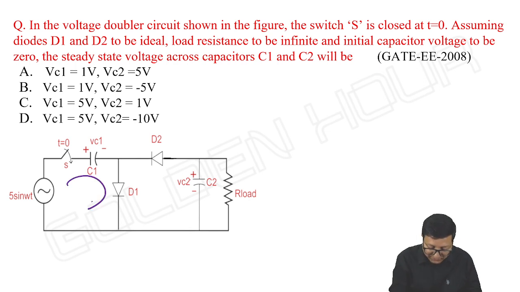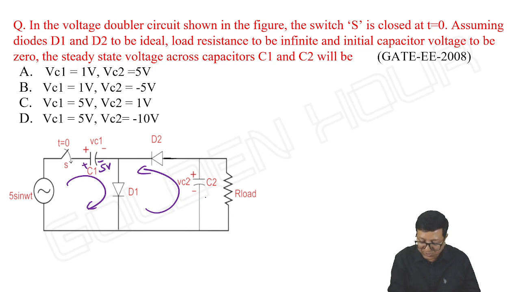See, it will charge up to 5 volts with polarities plus minus, and here this diode is on, which means this C2 will charge with polarities plus minus to 10 volts.